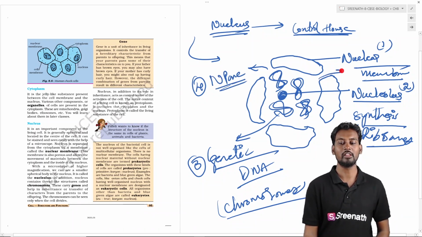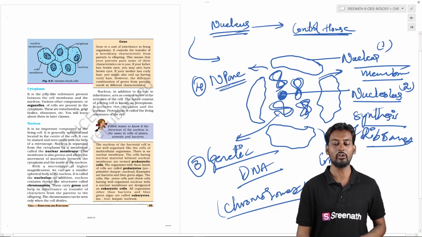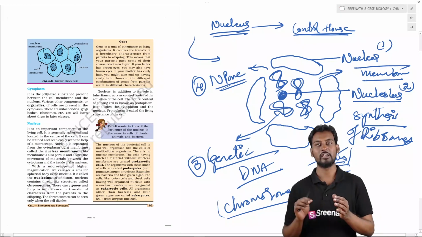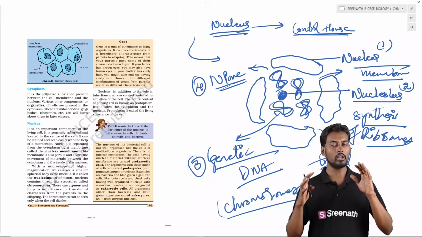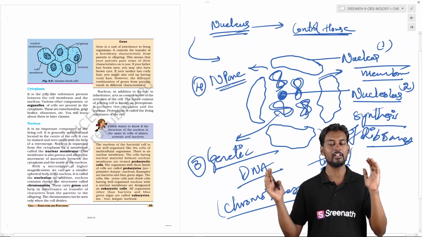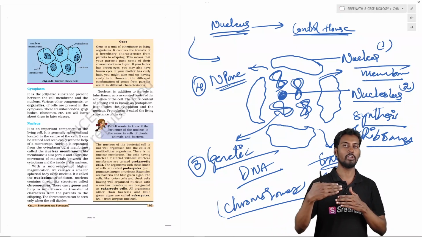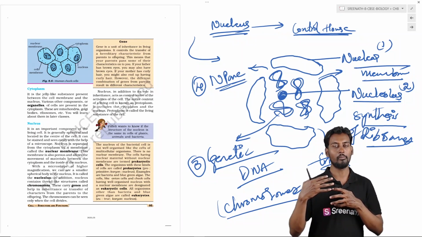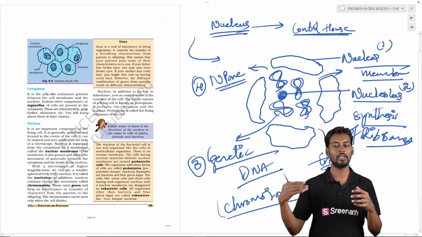This nuclear pore is basically involved in the entry and the exit of the nucleus. For the entry and exit of molecules, for the communication of the nucleus with the cytoplasm and with the entire cell, there should be entry and exit of cell molecules or particles from the nucleus into the cytoplasm, and from the cytoplasm into the nucleus.